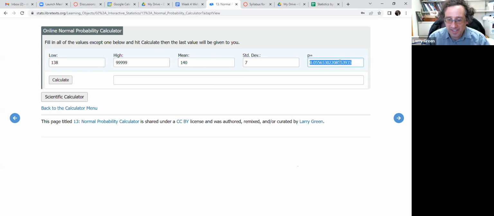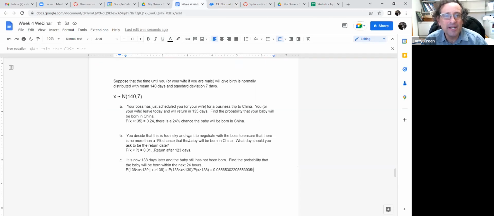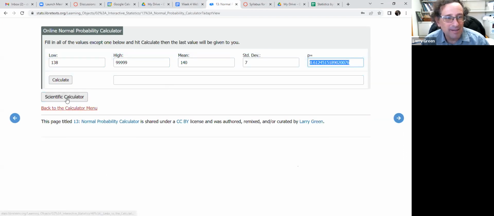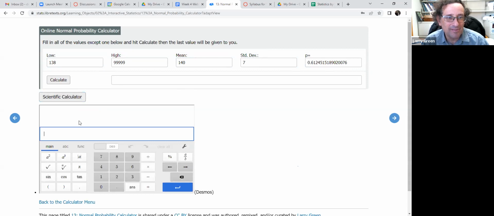Same mean, standard deviation, get a new probability. Let's calculate. And you get this number. So let's put it in, and then copy and paste again. I'm going to pop it into the scientific calculator.